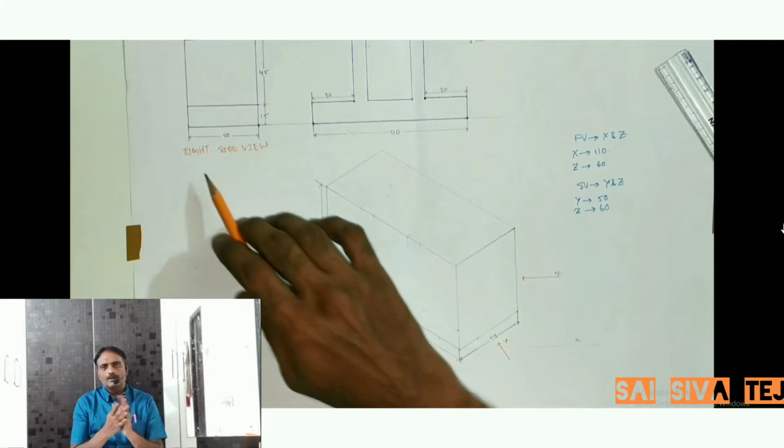And depending upon the orthographic views, we have to develop the solid that will complete the isometric view of that particular object. So in this session, I am going to explain two examples in which I detail everything in a simple way, how to develop an isometric view of an object with the given projections.